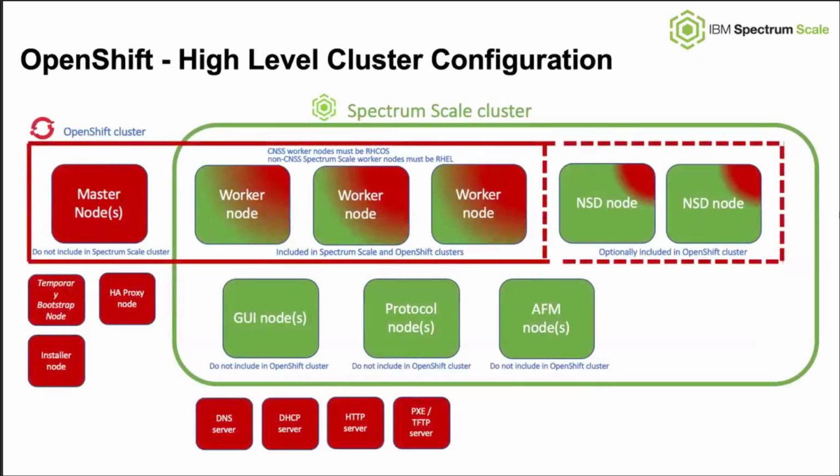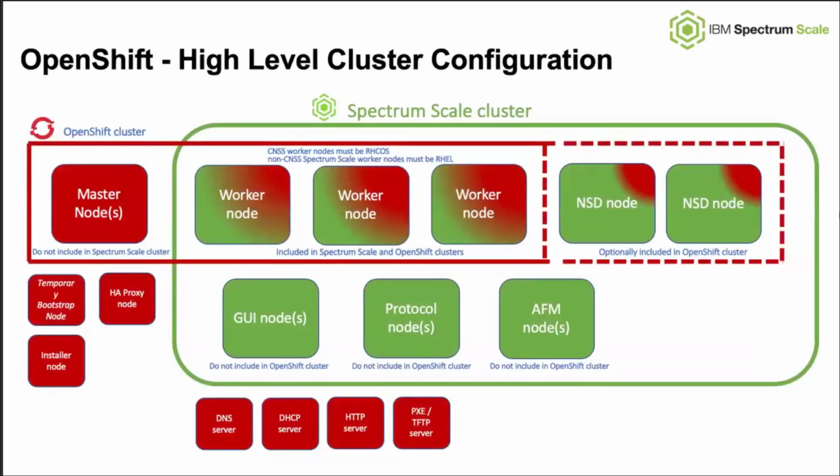So on OpenShift, as we have seen in the initial architecture diagram, there is an overlap between the OpenShift cluster and the Spectrum Scale cluster, because we need to install Spectrum Scale clients on the OpenShift worker nodes. But OpenShift by default is all Core OS, and Spectrum Scale is not supported on Core OS.